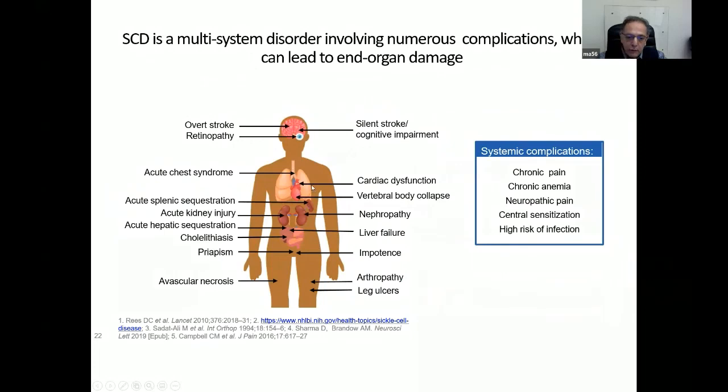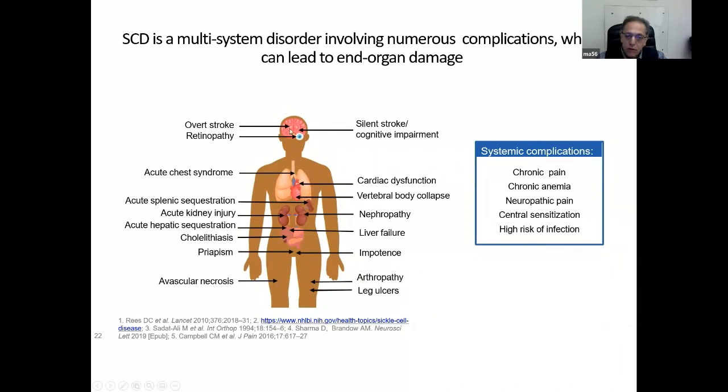Also, we have to recognize that sickle cell disease is a multi-system disorder, and that many complications are associated with pain. And moreover, all of these complications can happen in the disease, and they are really important to be managed by experts. So just looking at this diagram, one can see that we need to have skin wound experts for leg ulcers. We need orthopedists for avascular necrosis.